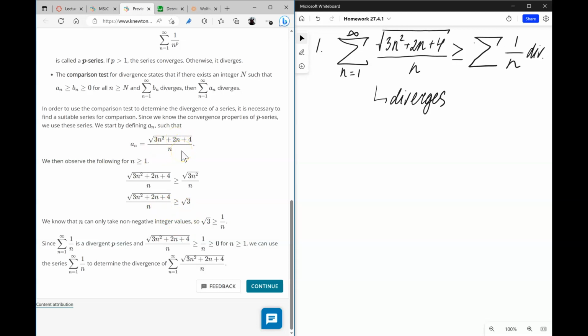So we would never even get to the point where we'd have to consider a comparison test here, because it diverges by the divergence test. So that's why these two lines make no sense whatsoever. So yeah, let's go to the next question.